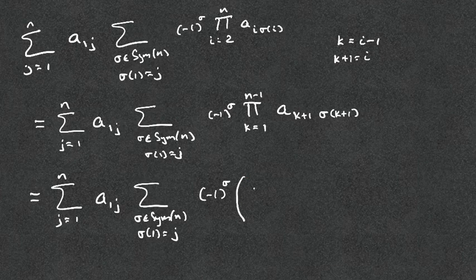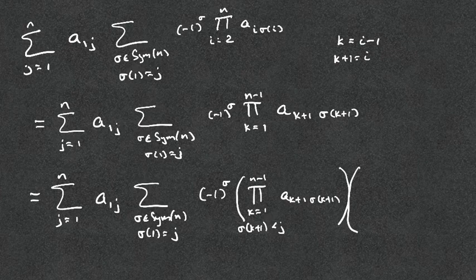For the first piece, we still have our product, k going from 1 up to n minus 1, but now where sigma of k plus 1 is less than j, and our terms stay the same, a sub k plus 1, sigma of k plus 1. Then for our second term, we have k going from 1 up to n minus 1, where sigma of k plus 1 is greater than j. And here our term stays the same, a sub k plus 1, sigma of k plus 1.